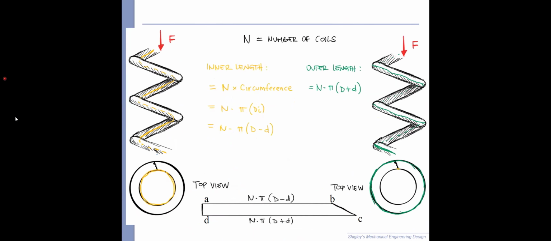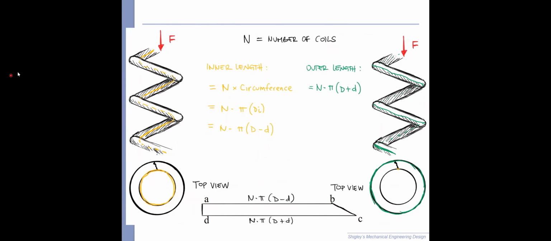So what is the curvature effect? Suppose we look at the ring, the fiber of each helical spring. We can just stretch the helical spring into a straight line.